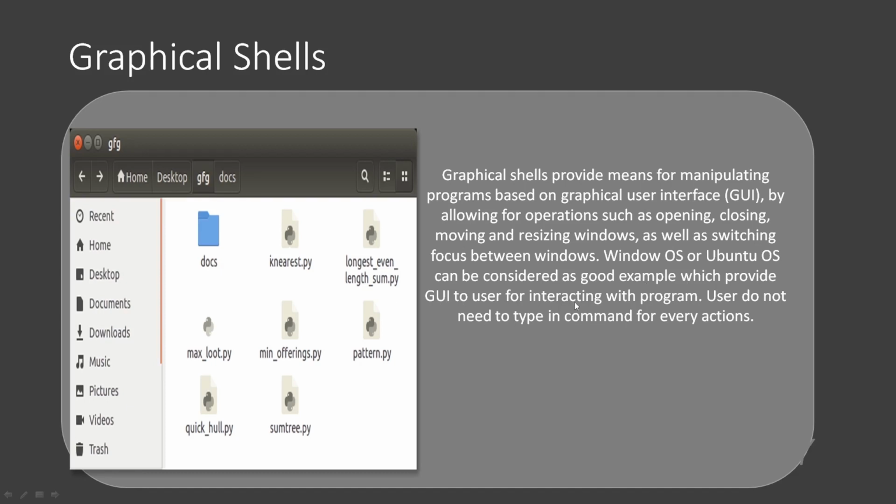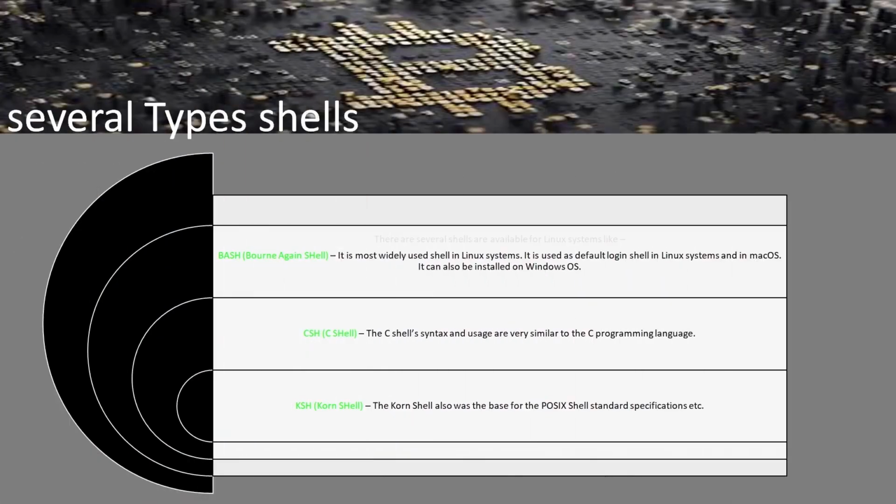There are several kinds of shell for any operating system. Let's see the three major types of shell. The first is the Bourne Again Shell, or bash, most widely used in Linux systems. It's also the default login shell in Linux or Mac operating systems, but is also installable on Windows.